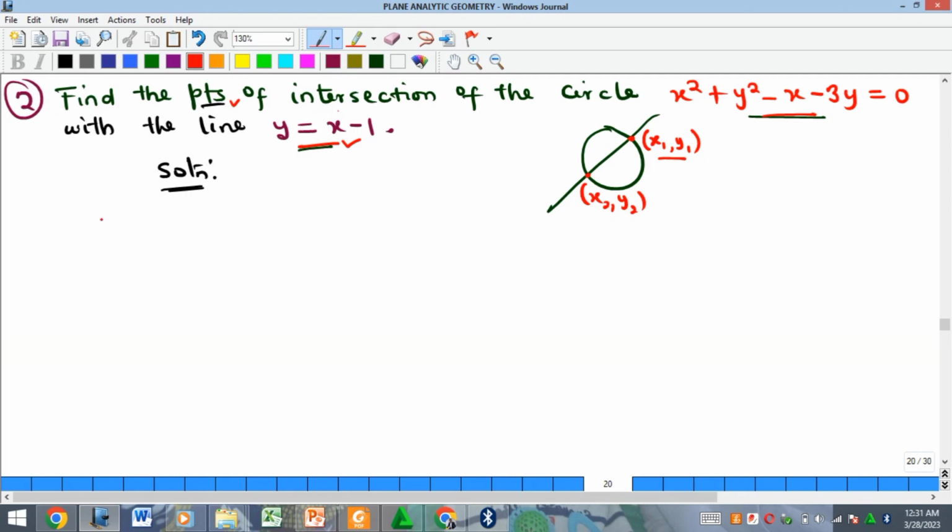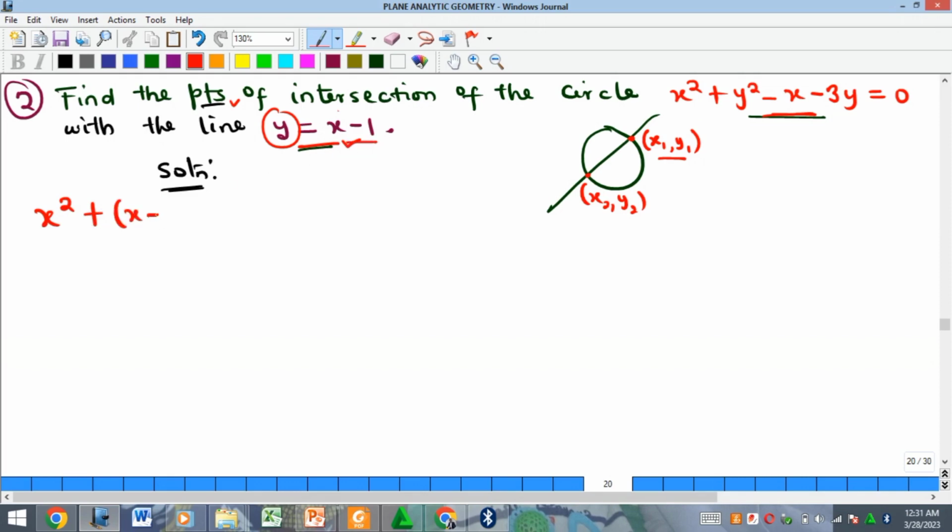And how are we going to do that? If our y and x are going to be equal at that point of intersection, that means I can substitute this y into this other function, and it will be true. So anywhere I see y in the circle, I'm going to remove it and replace it with x minus 1.